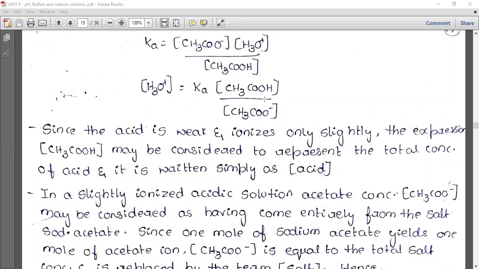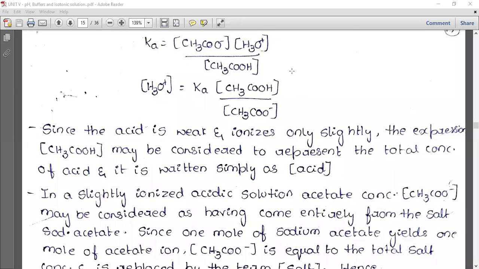Now you might ask me, this acetate ion, we do get it from acetic acid as well. But what I'm telling is, this acetic acid will not give acetate ion as readily as sodium acetate gives. Right? Sodium acetate gives totally.